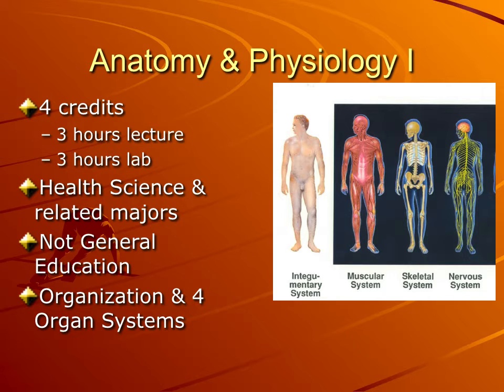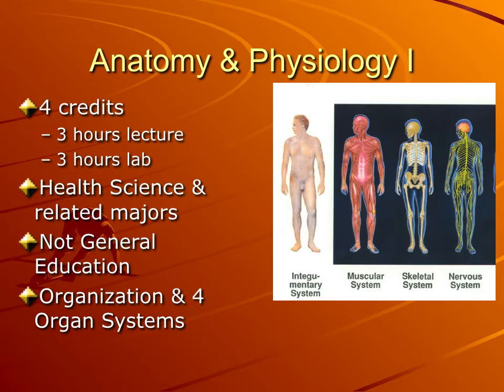Anatomy and Physiology 1 is the first course in a 2 course sequence that is going to provide the foundation for nursing, careers like pharmacology, speech pathology, occupational therapy, things like that. So there's 2 parts to this. Our course is organized to provide some background that you need to understand anatomy and physiology, in chemistry, in cell biology.